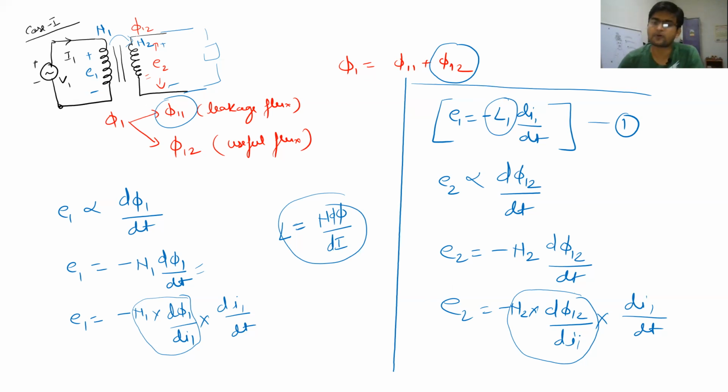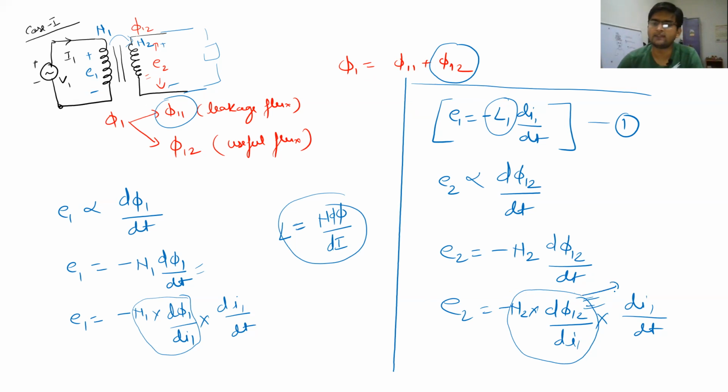But now, since for the secondary winding this inductance value is coming from the flux produced by some other inductor or other coil, we will call this term not self inductance, we will call this mutual inductance. So this inductance is caused because of some flux coming from some other windings or some other wires, right?